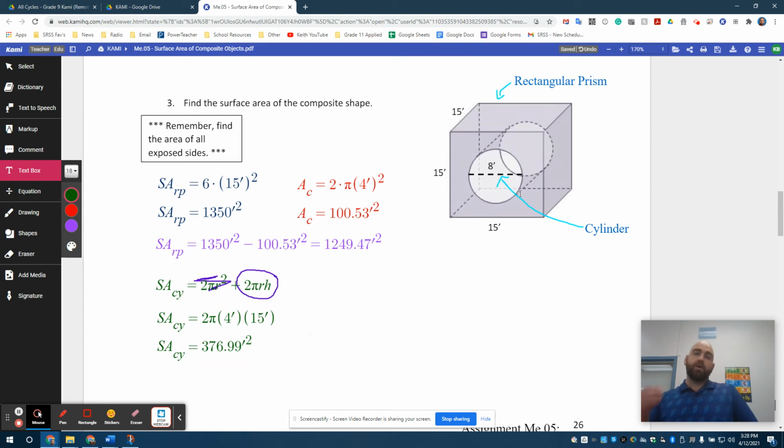Now again, that part is being added onto our rectangular prism because there is extra surface area inside of that column, or that cylinder has extra surface area.